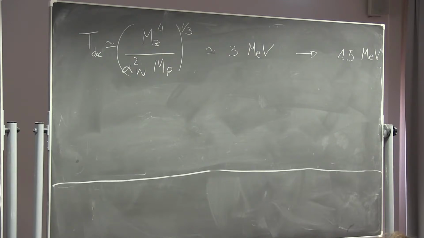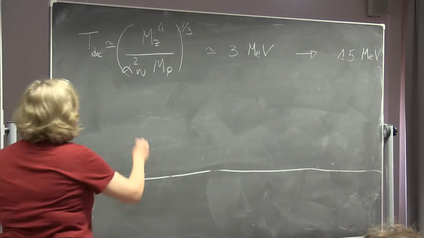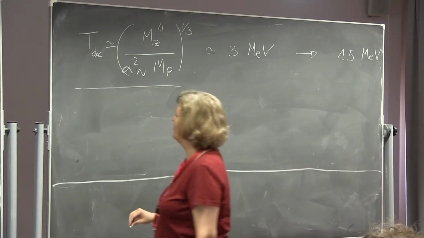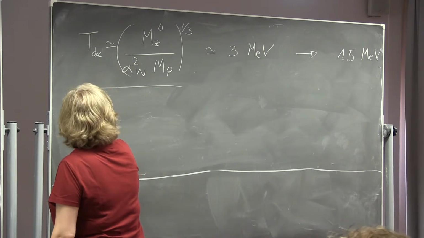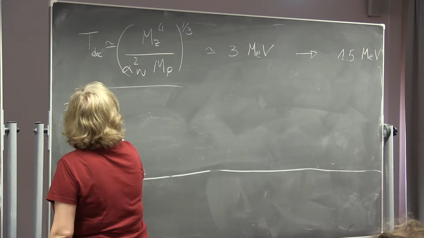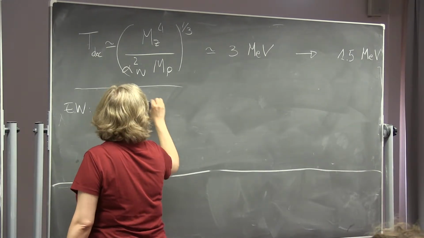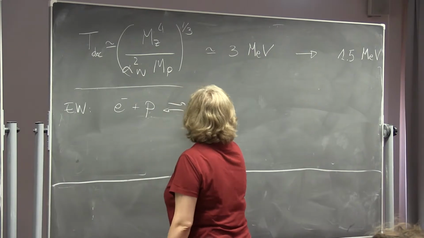Of course, for the decoupling of the neutrino, there is another process which is important, which is the decay of the neutron or the inverse decay, and also the scattering of neutron and proton. And this is the other important process, which I think is the last thing I will discuss, because otherwise I don't get to the Boltzmann equation. So you have, in principle, another electroweak process, which is the fact that you can have e minus with a proton going into a neutron and a neutrino.